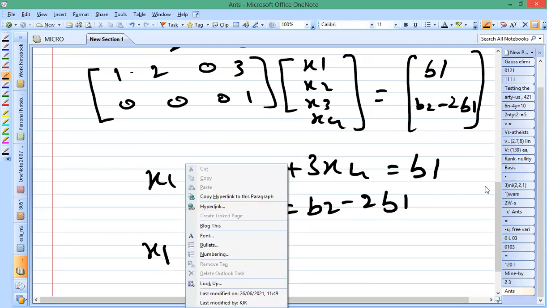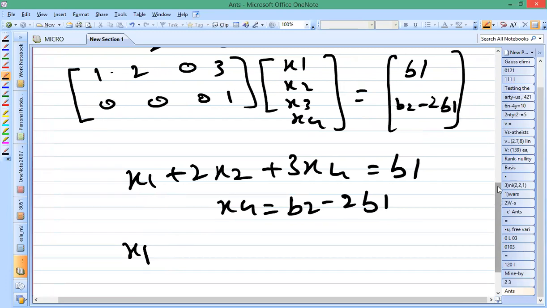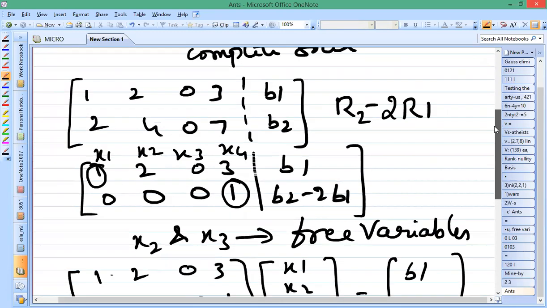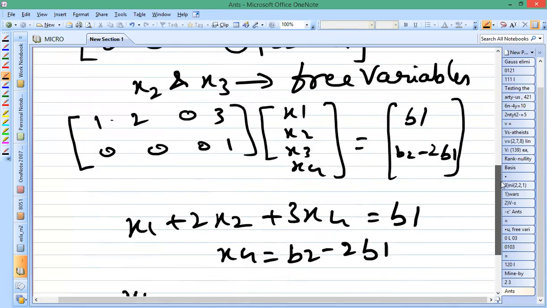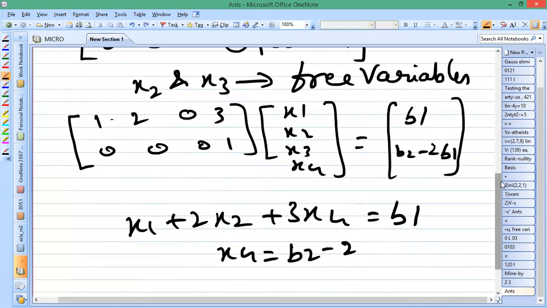I have not yet written the echelon form of this, and I need to perform one more operation, otherwise the solution will be wrong.